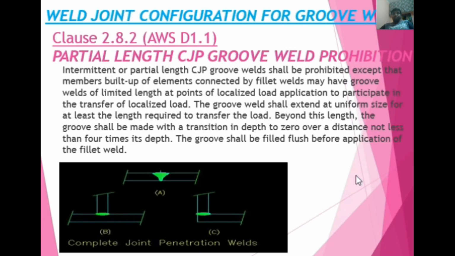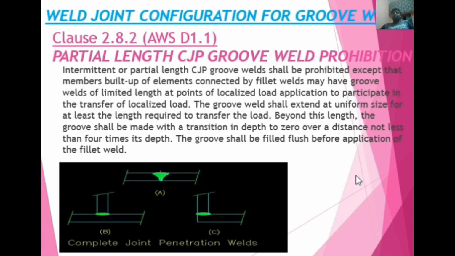If you go to clause 2.8.2 of AWS D1.1, you see it mentioned partial length CJP groove weld prohibition. So what does partial length CJP groove mean? There is complete joint penetration, but it is partial length.